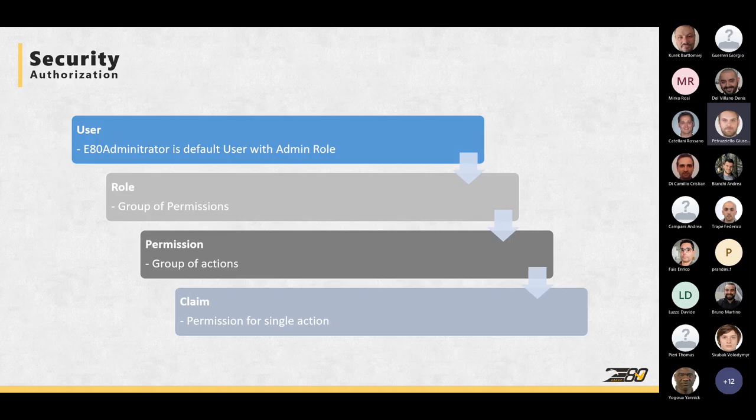We have a role, which we consider a group of permissions, and we have a permission, which is a group of actions, and specifically the claim. The claim is a permission granted to a specific user or role for an action. An action we can consider as a single API that is possible to call.